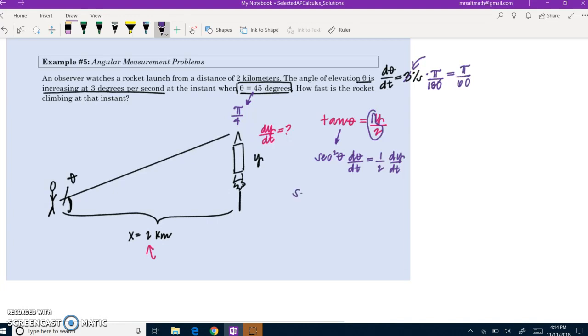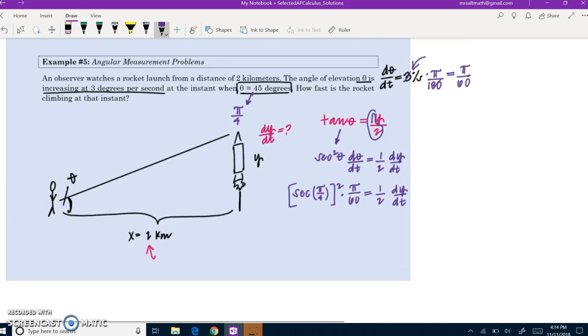So now for secant squared of theta, so secant of pi over 4, we're going to take that quantity and square it, and then we'll multiply that by d theta dt, which is pi over 60, and that's equal to 1/2 multiplied by dy dt.